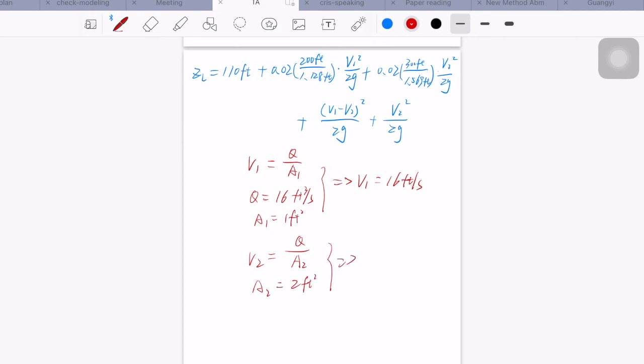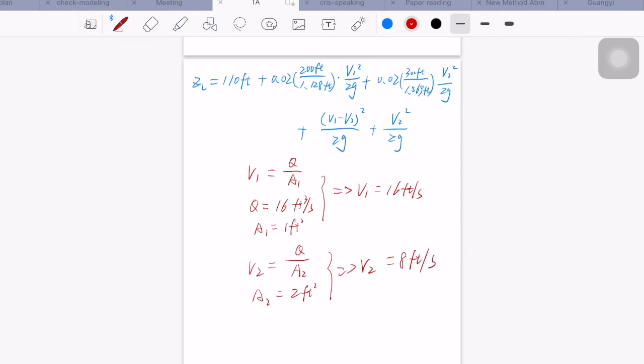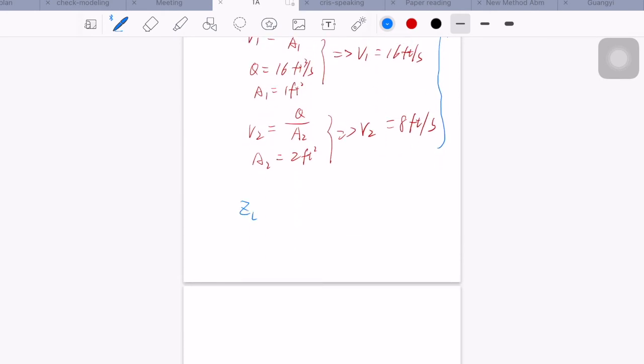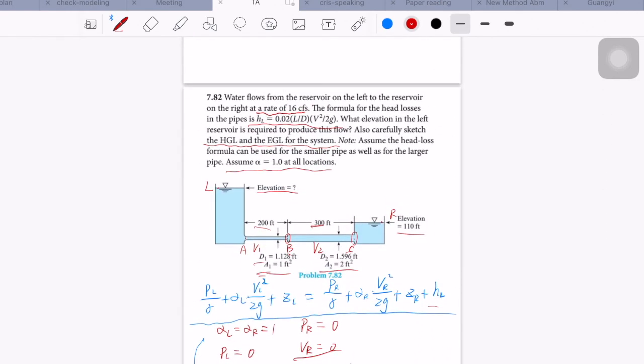So we can get that V2 is 8 feet per second. And now we can get that ZL, the elevation at the left side reservoir, should be equal to 129 feet.